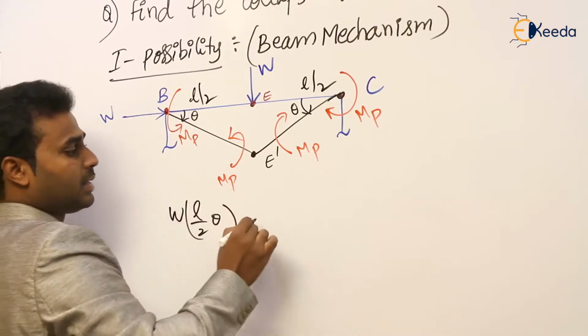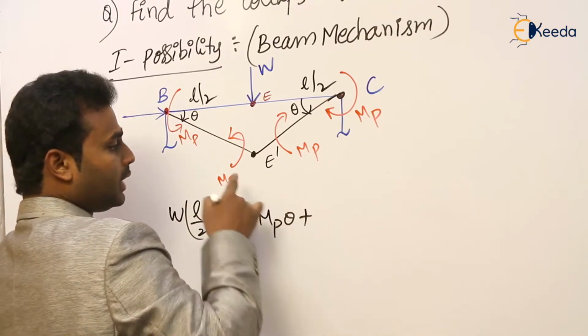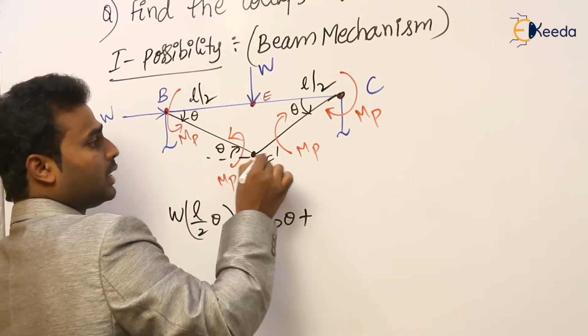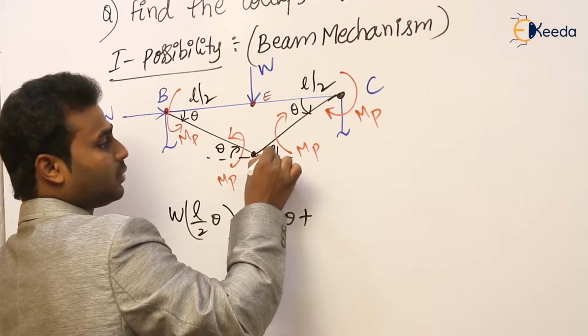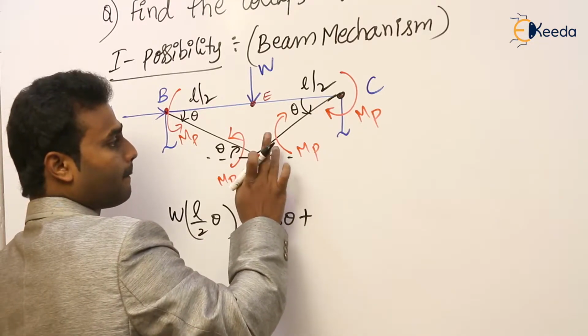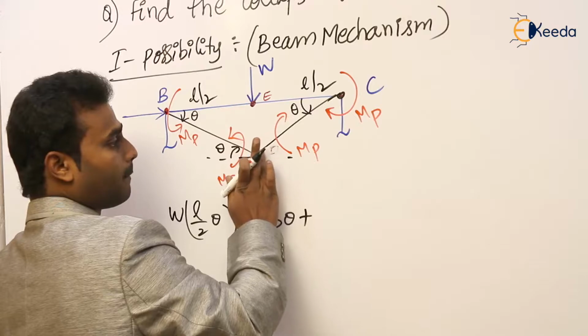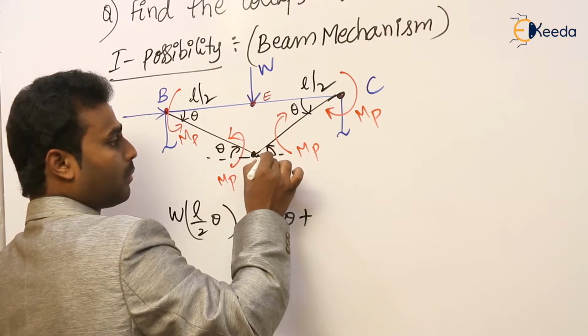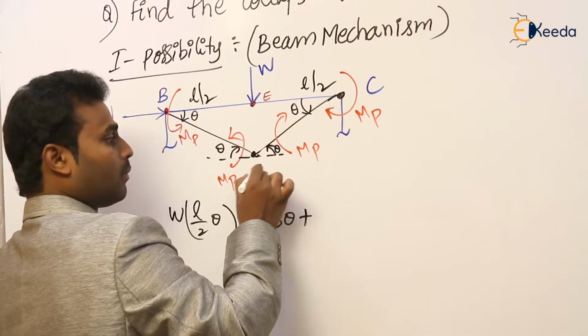This is equal to the internal work: here MP theta, and here MP has to make this theta, and here MP has to make this theta.